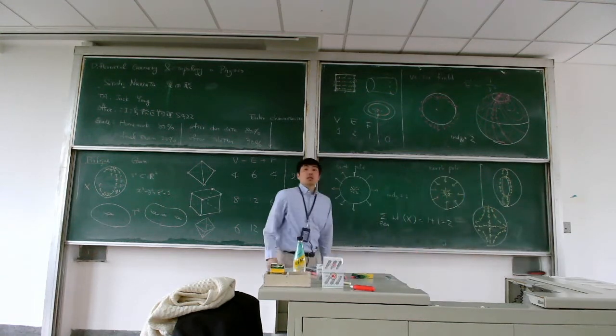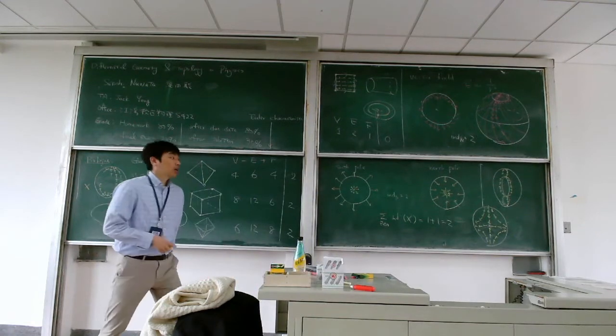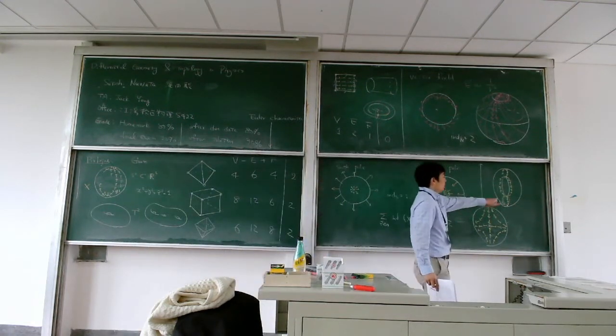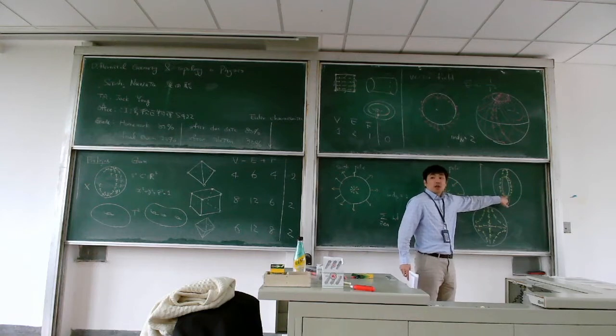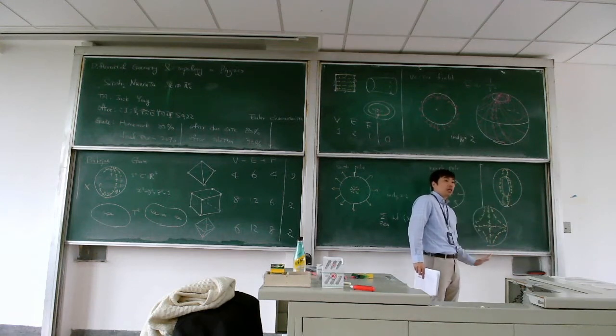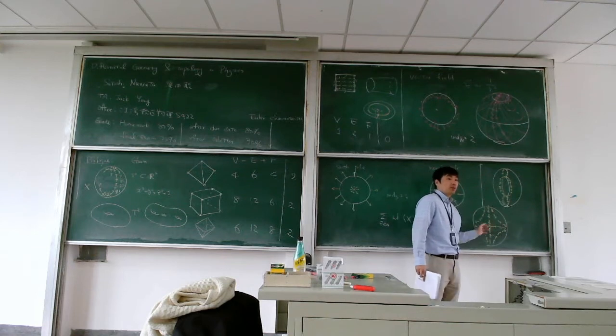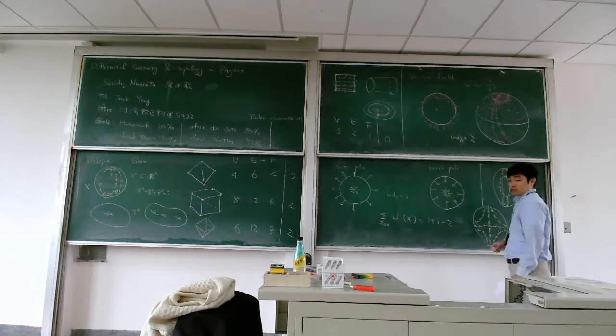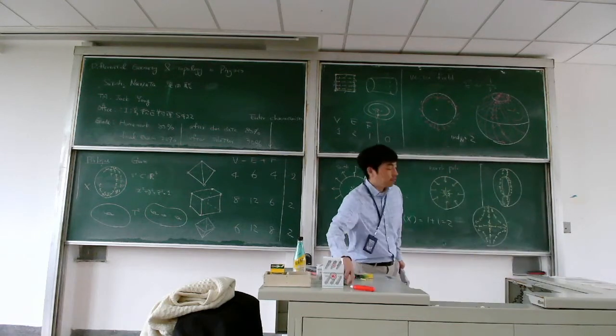Okay, so this is how it looks around this point, a zero of the vector field, and this is on the y-axis. On the y-axis it becomes like a sink, and on the x-axis it becomes a source. Okay, so this is called a saddle point. It's called a saddle point.